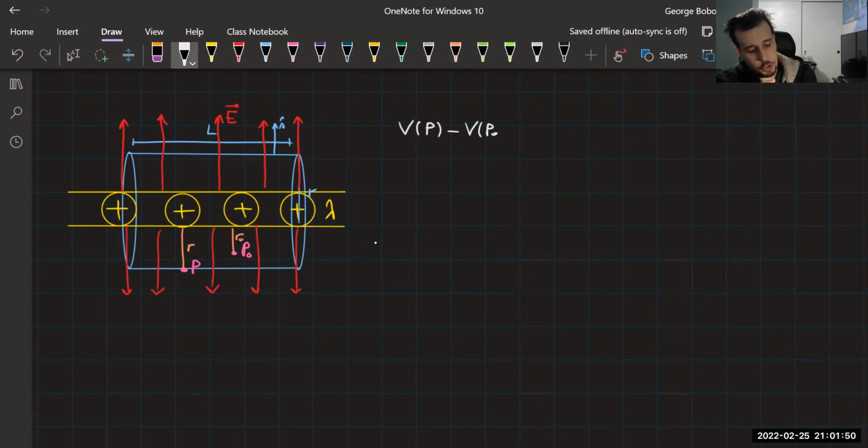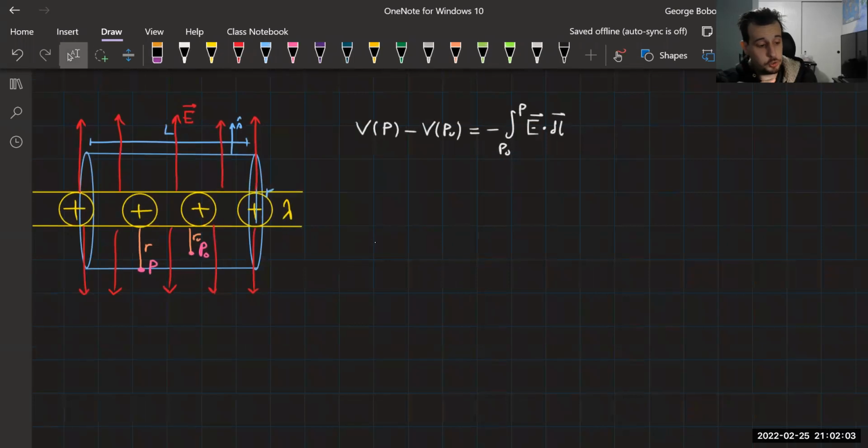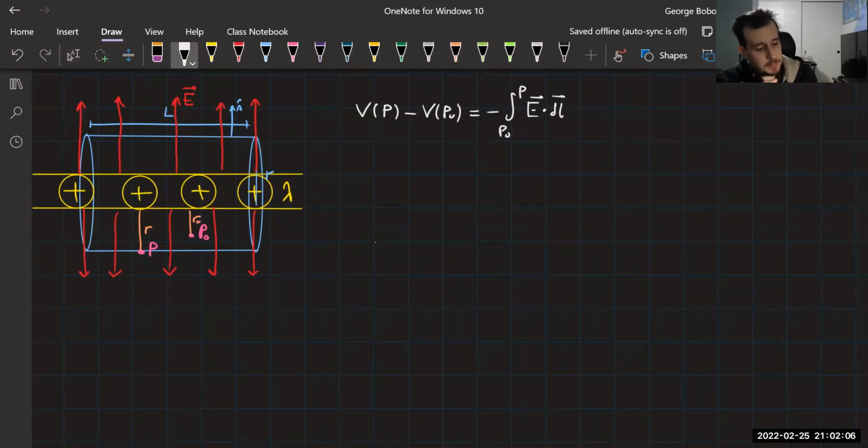Okay. So George said, it all amounts to filling up this integral: V at your point of interest minus V at your reference is the integral from our reference to our point P of E dot dl. Okay, so how does this amount to for the line charge? Well, V of P, we want to move this to the other side.